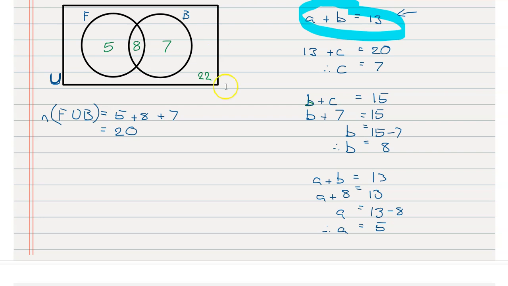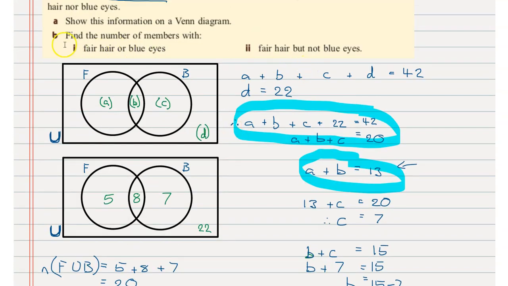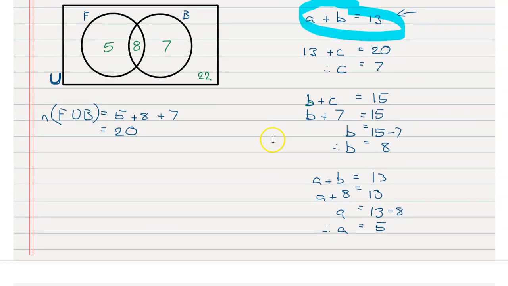And similarly, part 2 of section B is fair hair but not blue eyes. So we can write this as the number of people with fair hair but not blue eyes, and we can shade the area.